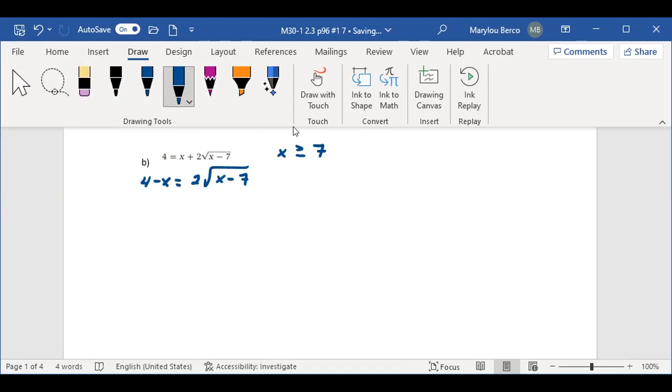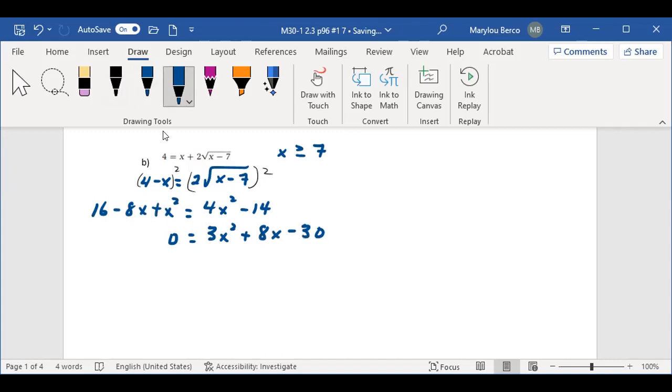Okay, so we have squaring both sides. We have 16 minus 8x plus x squared equals 4x squared minus 14. 0 equals 3x squared plus 8x minus 30.